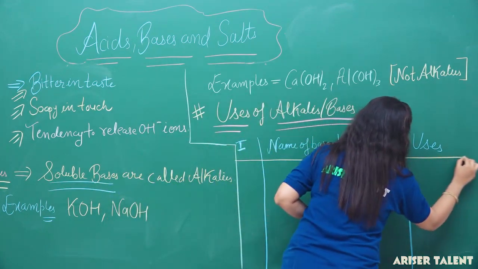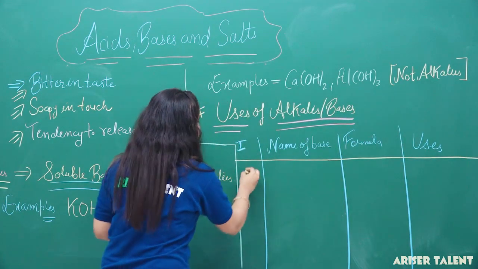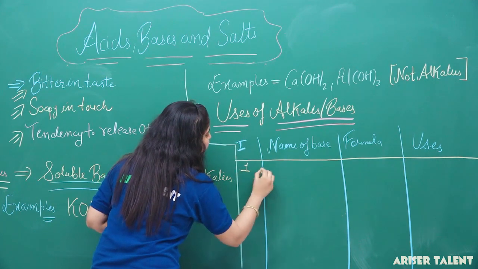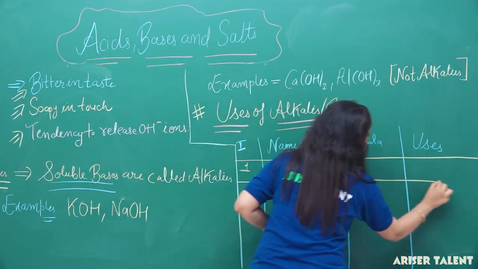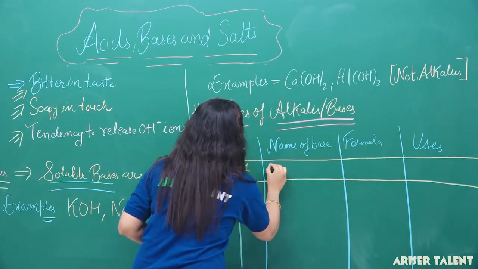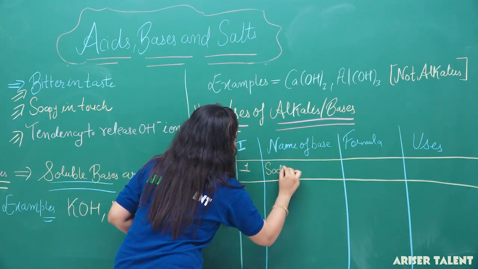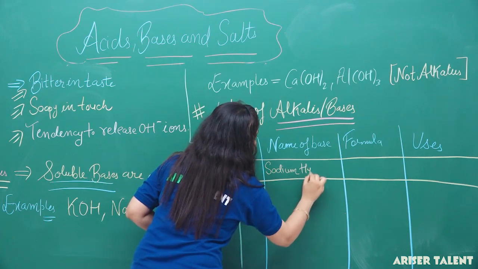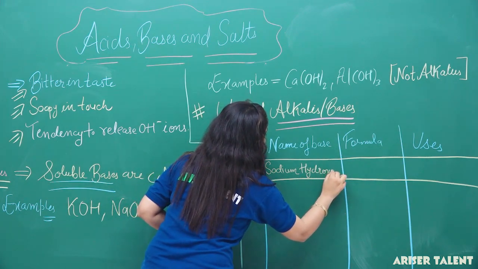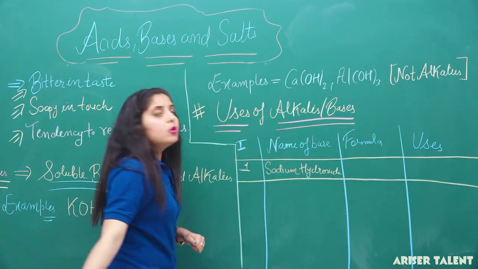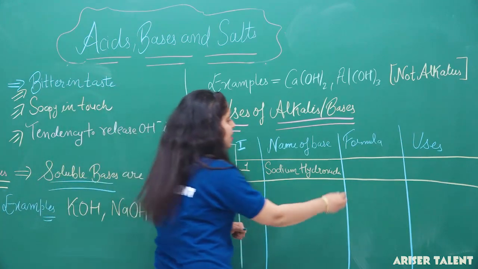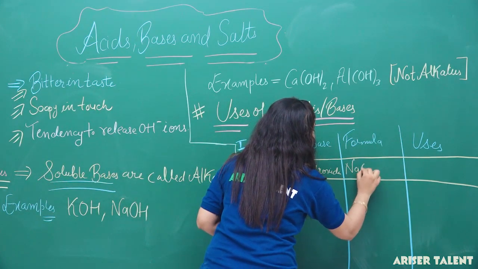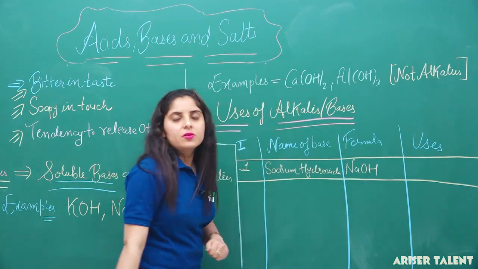So our first base is sodium hydroxide. So the name of the base is sodium hydroxide. Sodium hydroxide has the general formula NaOH.